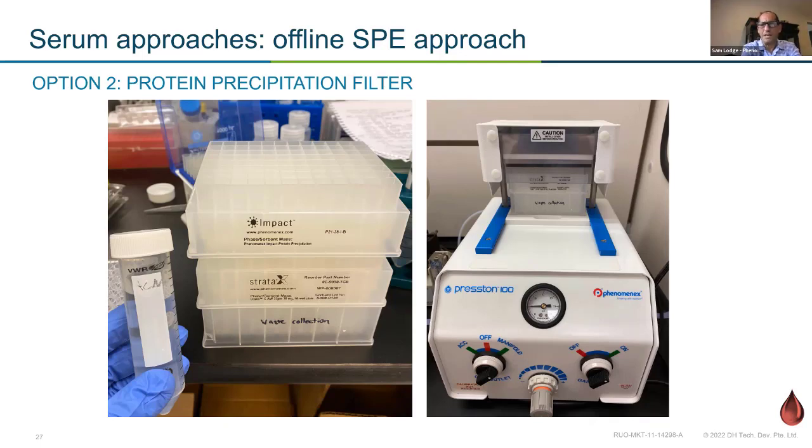The positive pressure provides more consistent flow because you're not drawing a negative pressure across a large plate in which the vacuum tends to be a gradient from one side of the manifold to the other. Here you have a consistent pressure being applied across all the wells, so you get very consistent flow. Next slide, please.